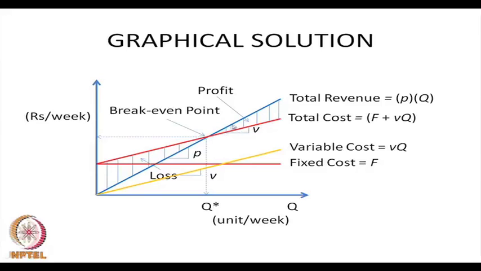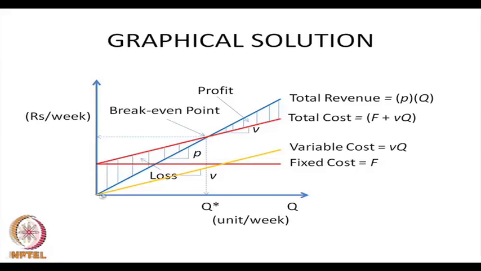So, this is the profit region or profit zone, but if for some reason the firm produces here, then it incurs a loss, because the cost is higher than the revenue. Suppose it produces only this much, the cost of production is much higher here than the revenue that it can earn by selling it in the market.